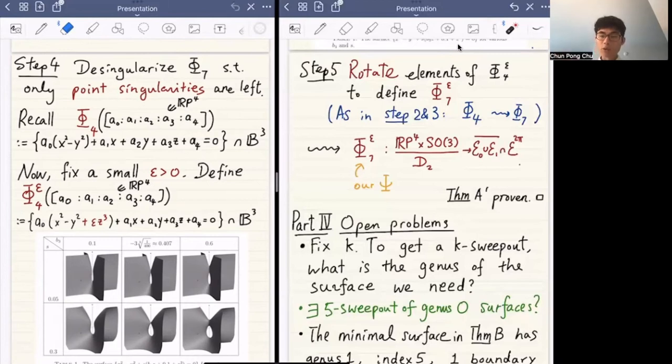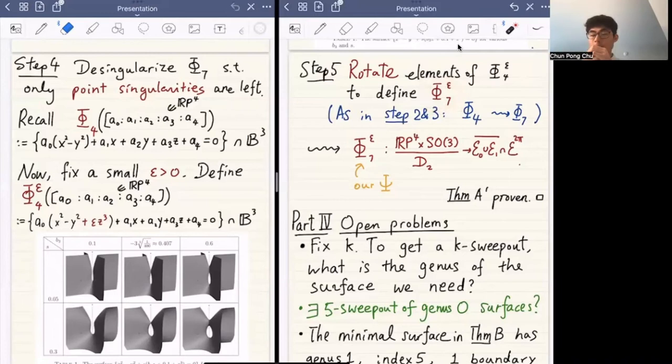We take the quotient using the D2 action on the parameter space X. And then we define a new collection, a 7-parameter family of surfaces, phi 7 epsilon.